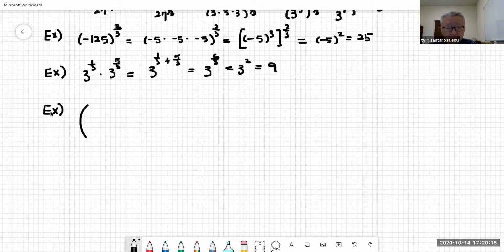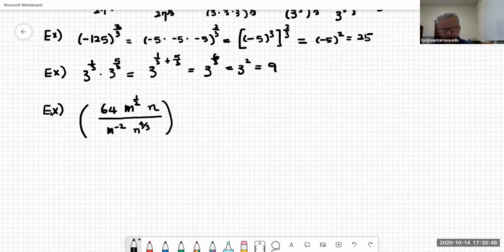I have 64 m to the 1/2, n, divided by m to the negative 2 and then n to the 4/3. And everything is going to get raised to 1/2.